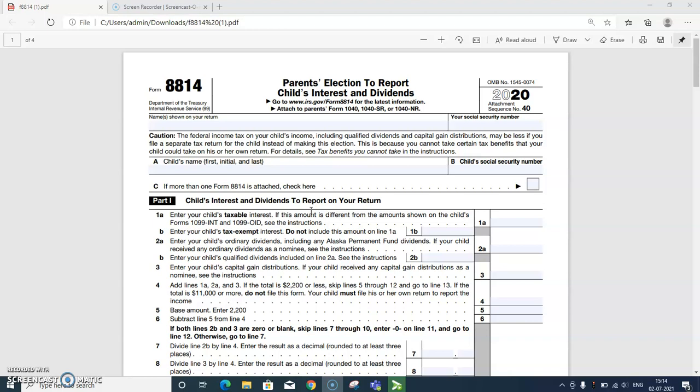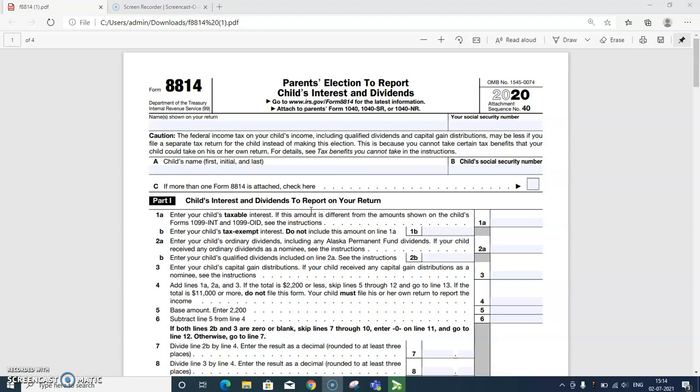Next point, if your child received qualified dividends or capital gain distributions, you may pay up to $110 more tax if you make this election instead of filing a separate tax return for the child.